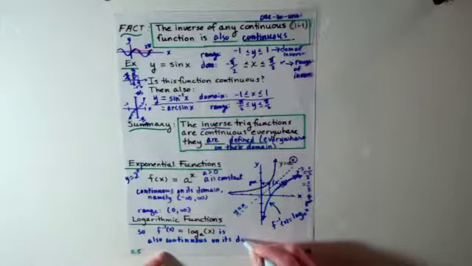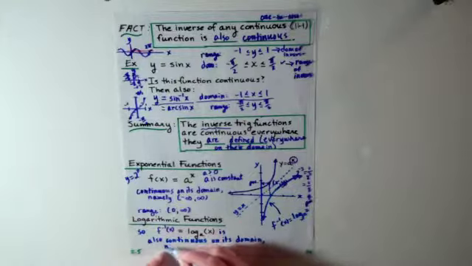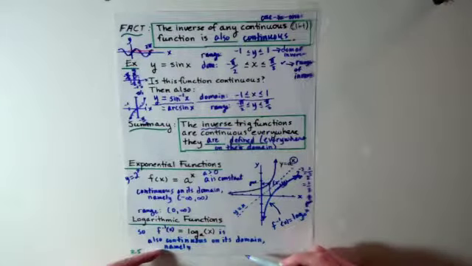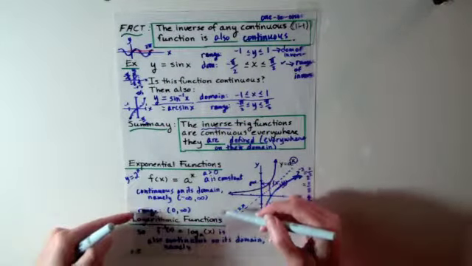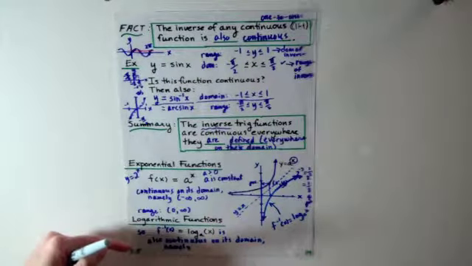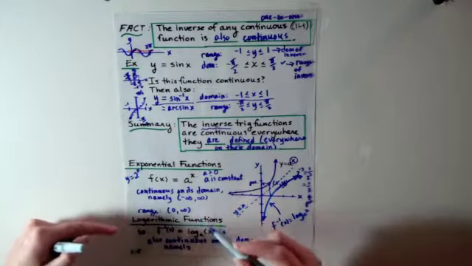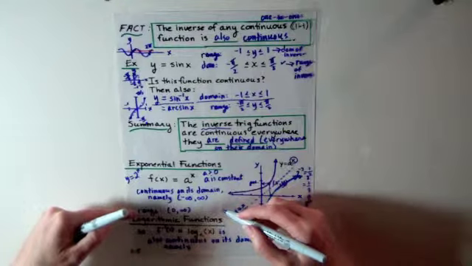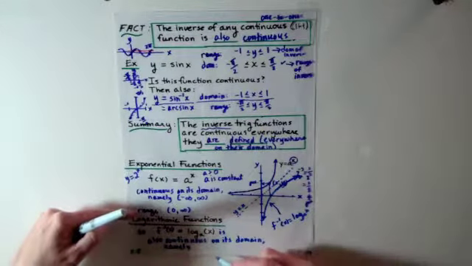And what is the domain of log base a of x? Well, remember that the domain of the inverse function is the same as the range of the original function. That's because the inverse function is found by interchanging the roles of x and y. So whatever was the domain of the original function becomes the range of the inverse, and the range of the original function becomes the domain of the inverse.